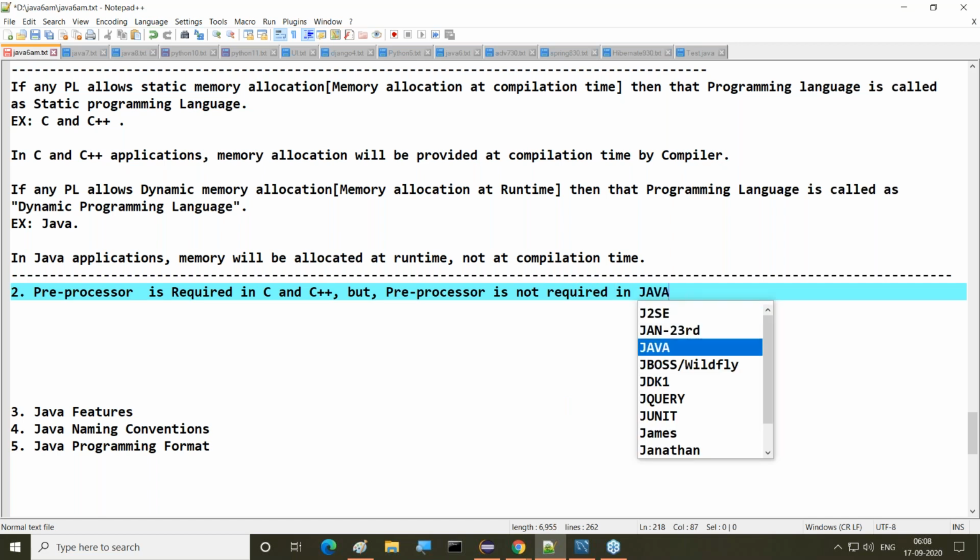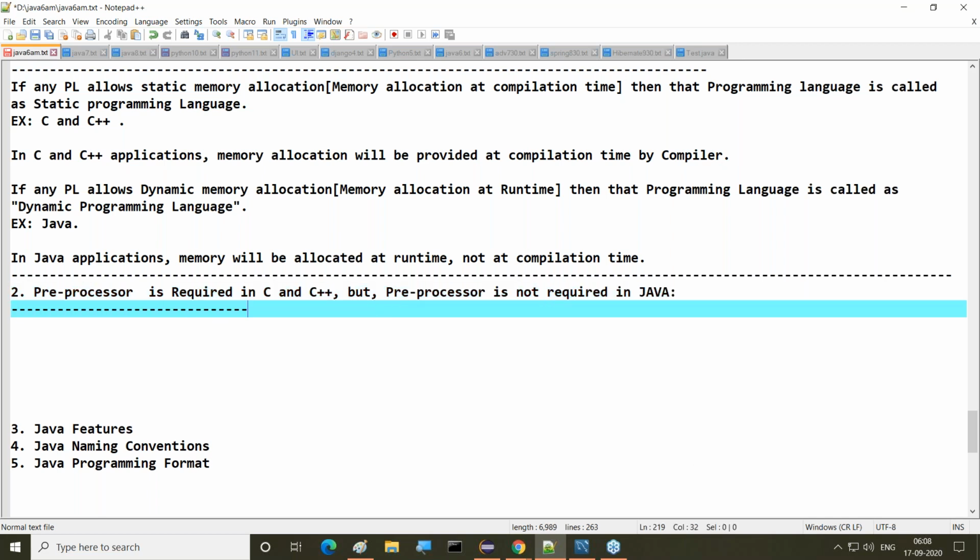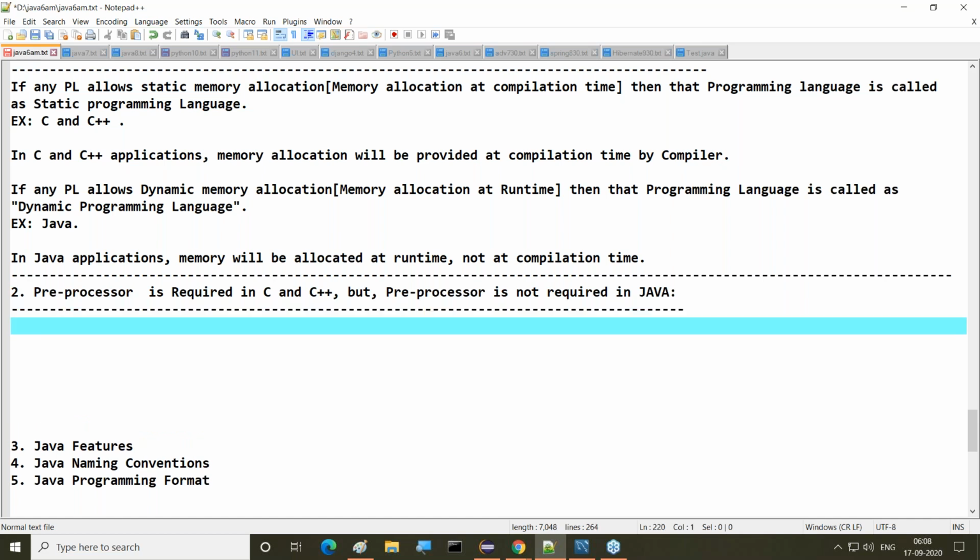Preprocessor is required in C and C++, but preprocessor is not required in Java.